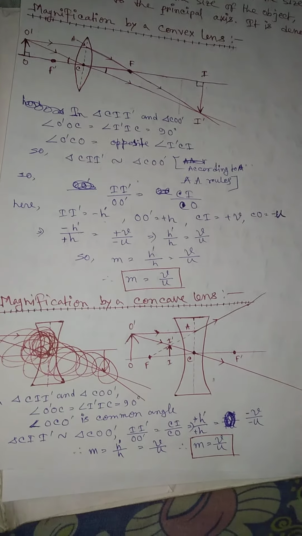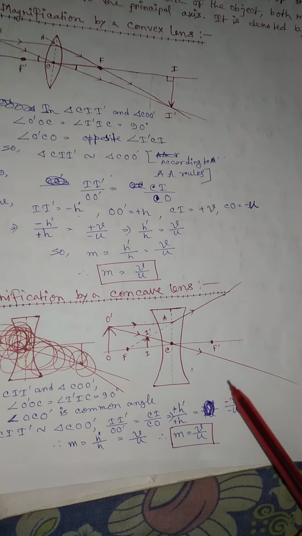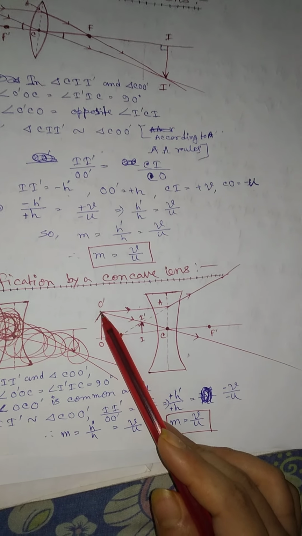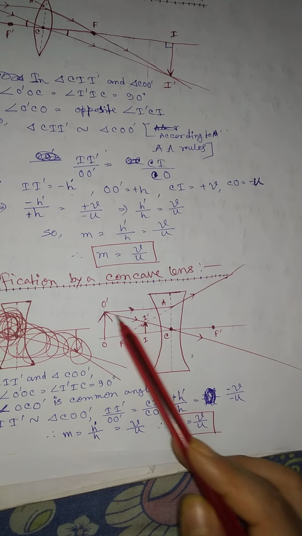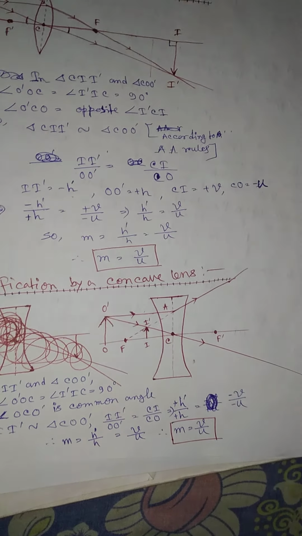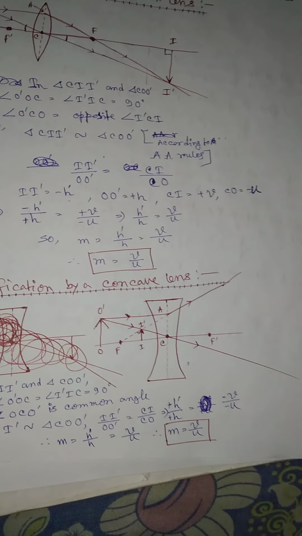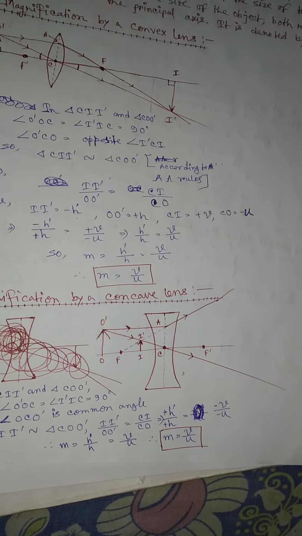Magnification by a concave lens. Here I am taking a concave lens, and just look at here. This is the object and these are the two rays coming from this object. We know that a convex lens is a converging lens and a concave lens is a diverging lens.